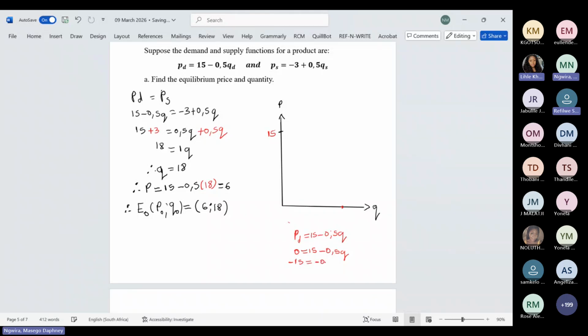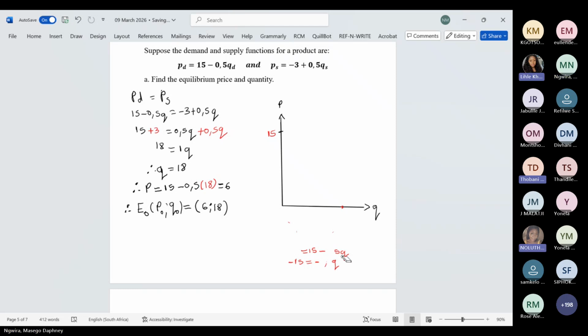No, it's not point of intersection. Point of intersection is when the two graphs are meeting. Yes, it's x-intercept, but I'm trying to run away from x-intercept. I want another. The turning point. The origin. Turning point, no. It has a name.